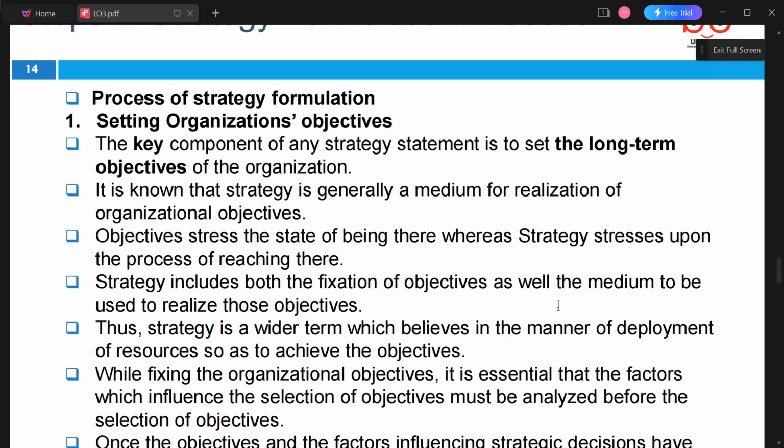What do we mean by setting organizational objectives? When it comes to defining long-term goals, we need to have some key components, some key aspects, some features, which are the primary components.